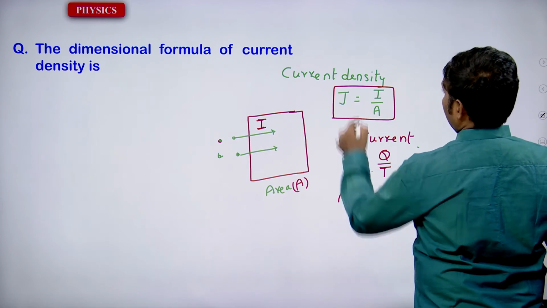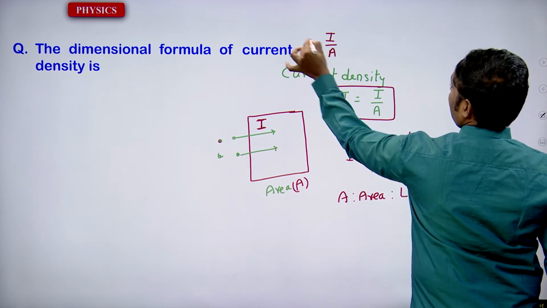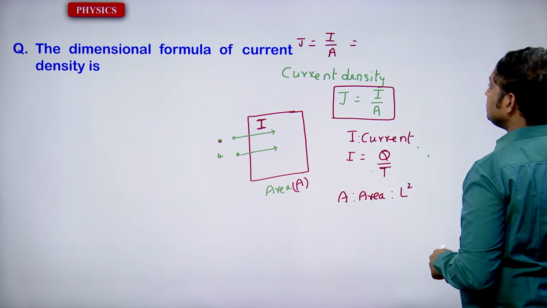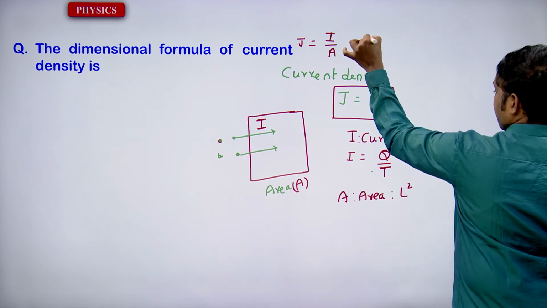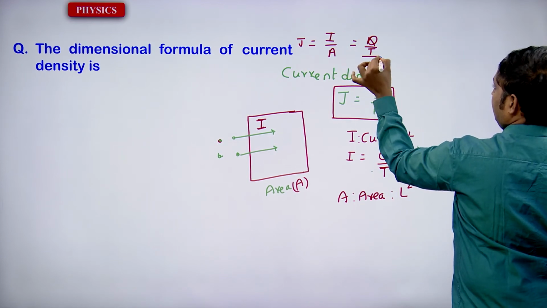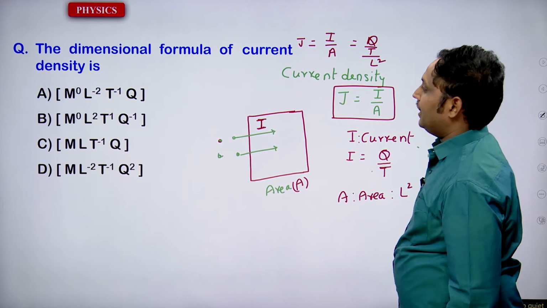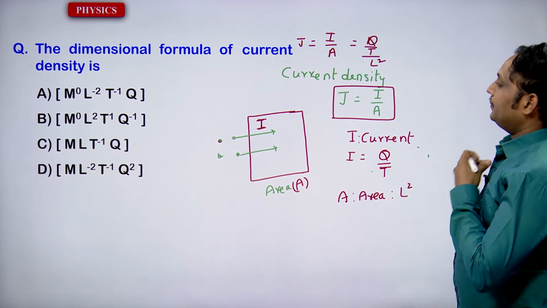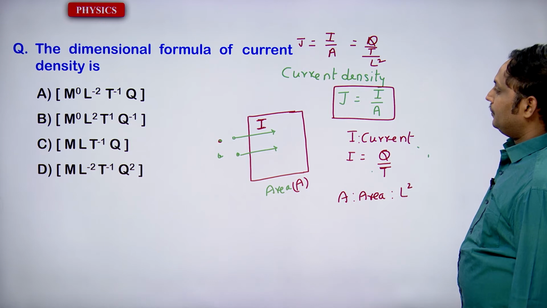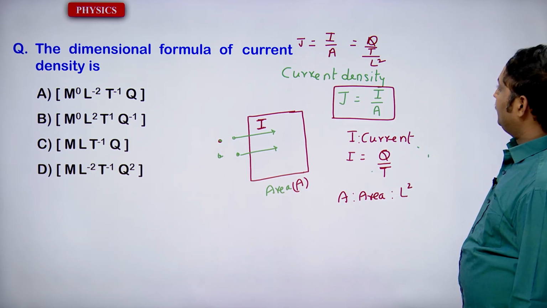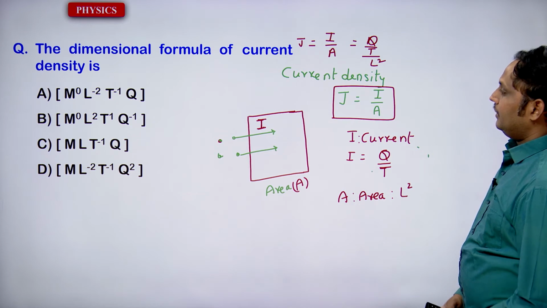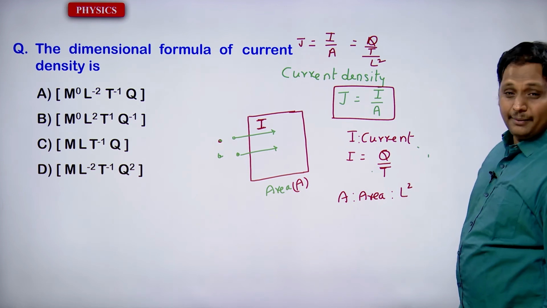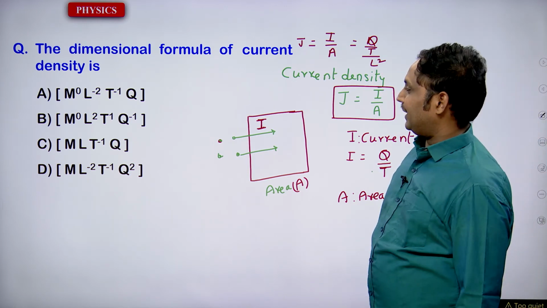Now, therefore, J is equal to I by A, that is Q by T by L square. Just you have to see that there is no M, so M power 0 and L power minus 2.